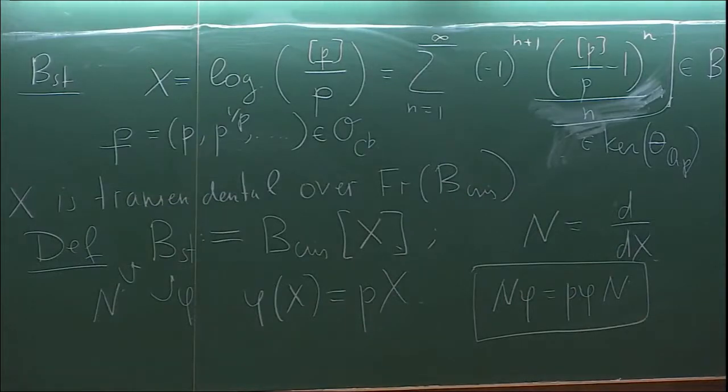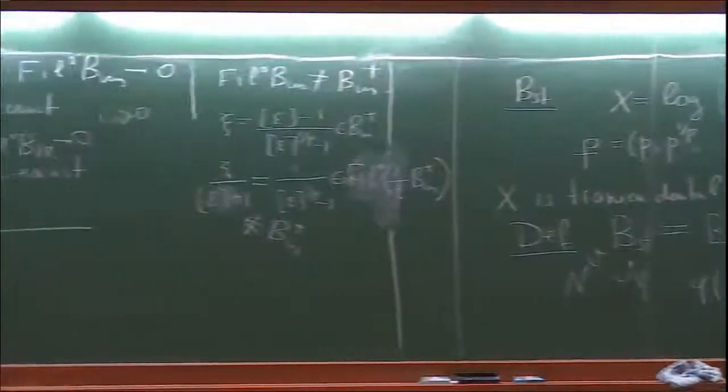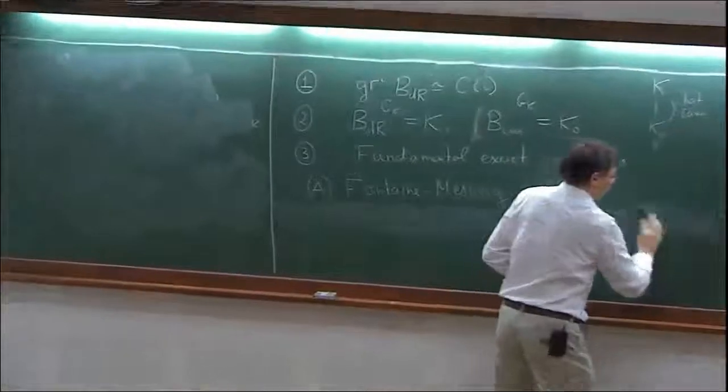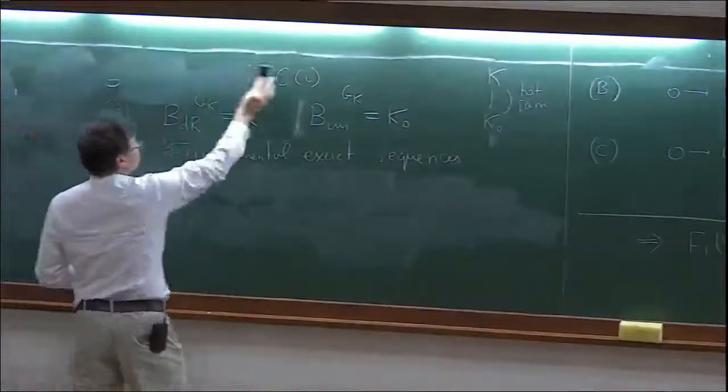So now, before I start to overview the general formalism of Fontaine's theory, I would like to give some particular case of this theory where many constructions can be seen explicitly.